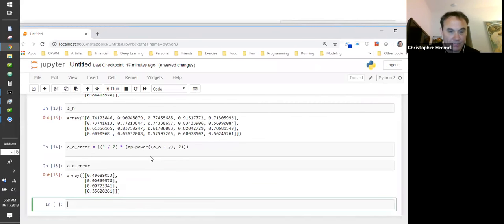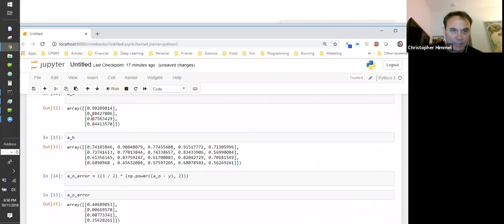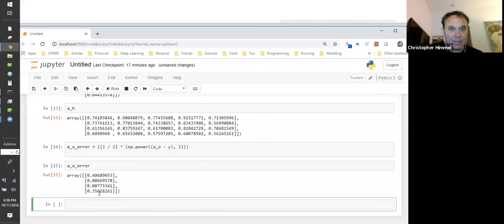And of course, we'll get 4 answers. The first one and the last one are the furthest off. The ones in the middle are pretty close. Surprised? Those are pretty close. These are way off. So this is the error, an error matrix.